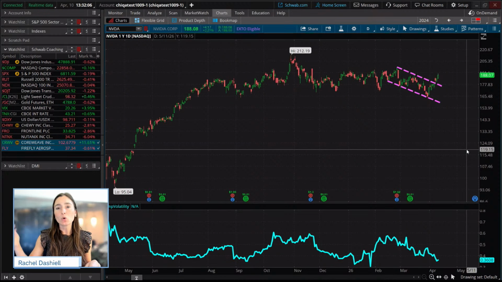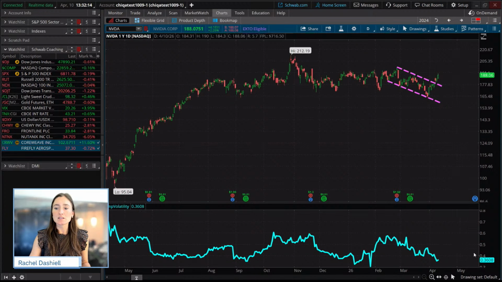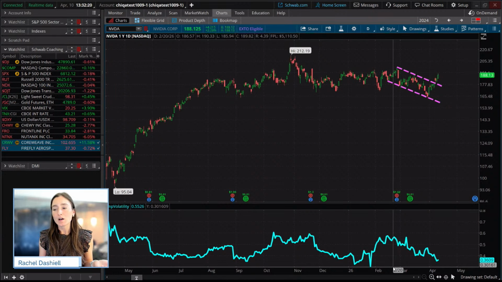Typically, that's where traders will find the sweet spot. If you have higher or elevated levels of volatility, it may tell a trader that we may be looking for option selling strategies. If you're seeing these low or muted levels of implied volatility, it may tell us that it's a more favorable time to be buyers of options.